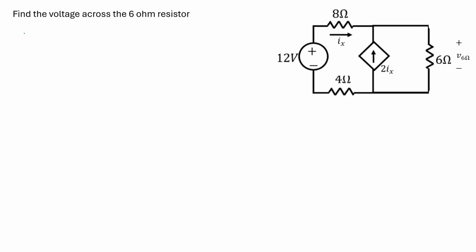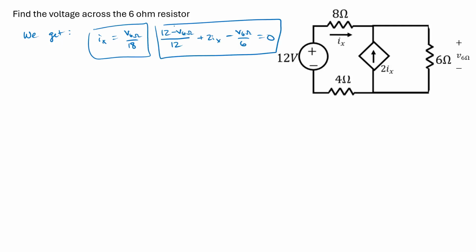So let's go ahead and do that. Here's what we end up with. If we plug in Ix equals V6 ohms over 18, and we have the equation 12 minus V6 ohms, and solve these two, we will end up with the following.